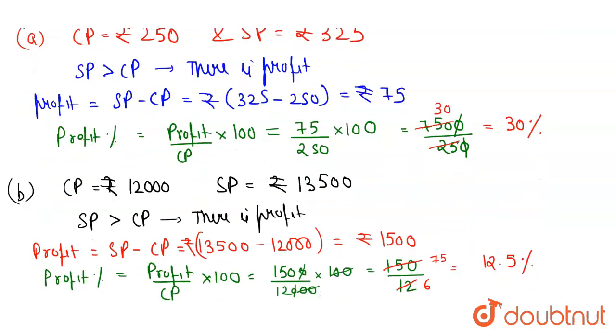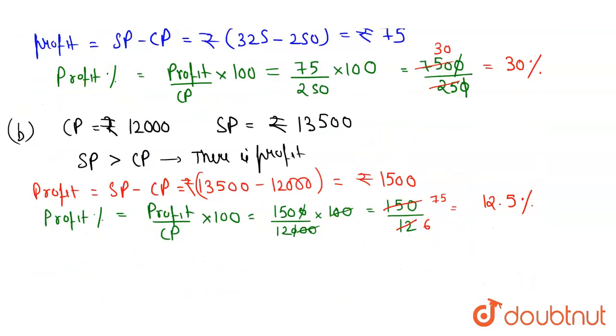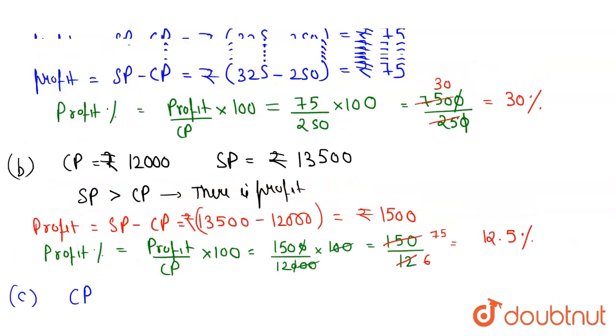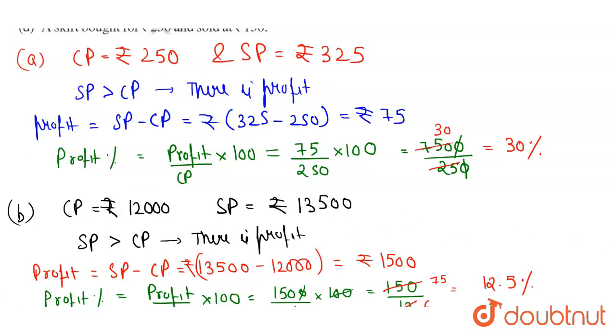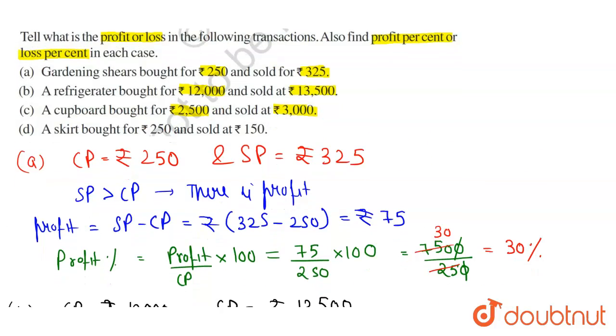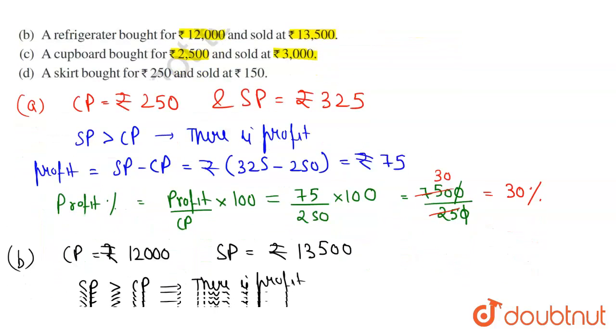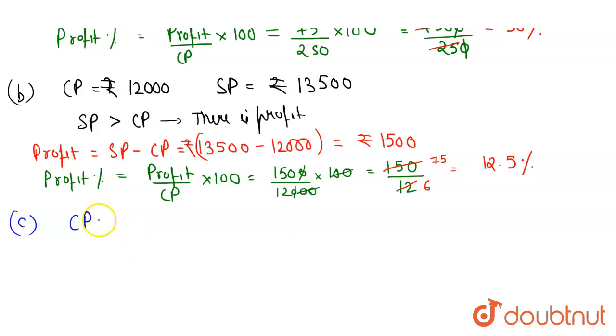So the cost price of the cupboard is 2500 rupees and the selling price is rupees 3000.